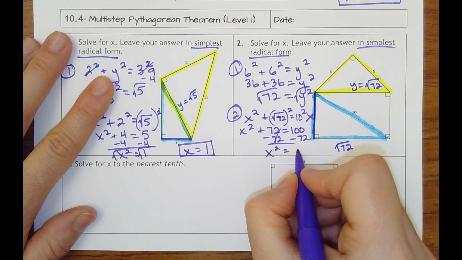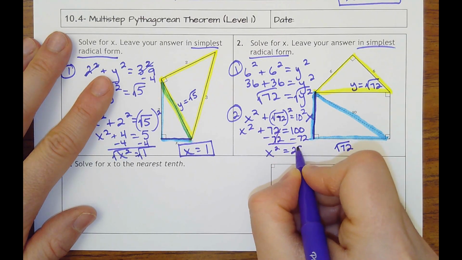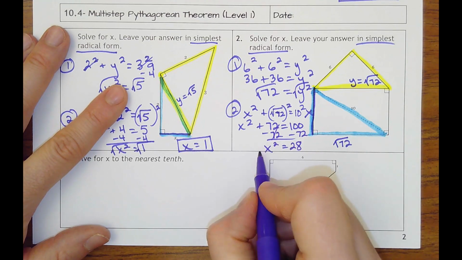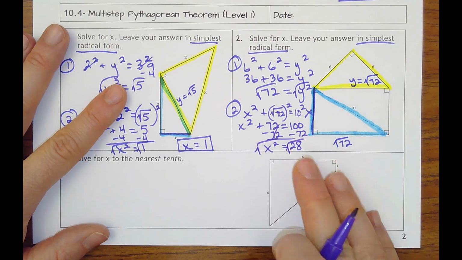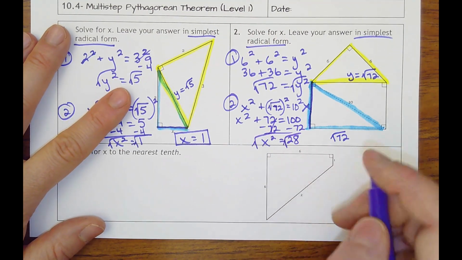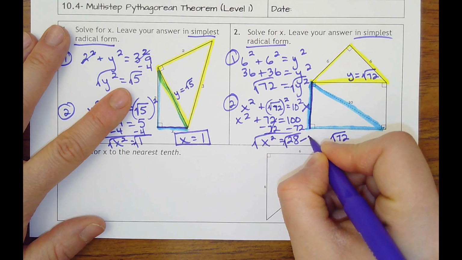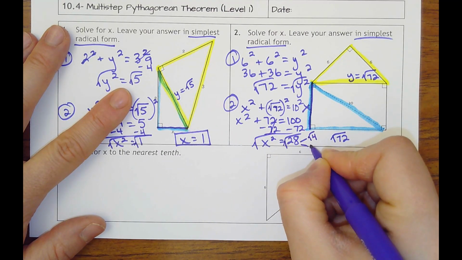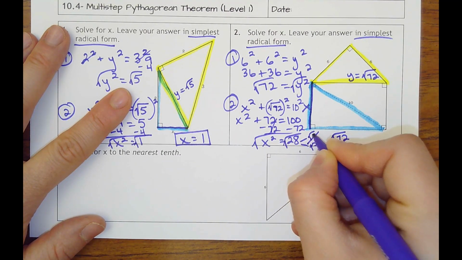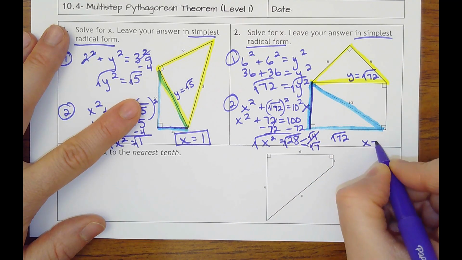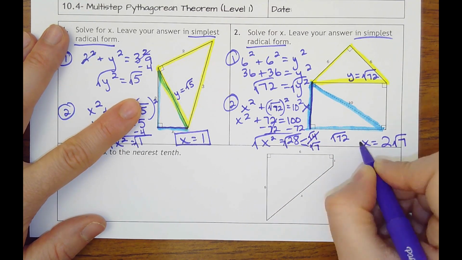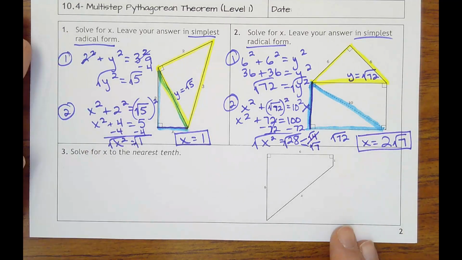That would be 28. Okay, and then square rooting 28. So since they wanted a radical, we have to split this up. 28 is made up of the square root of 4 times the square root of 7. Square root of 4 is 2, and then it'd be 2 square roots of 7 is our final answer.